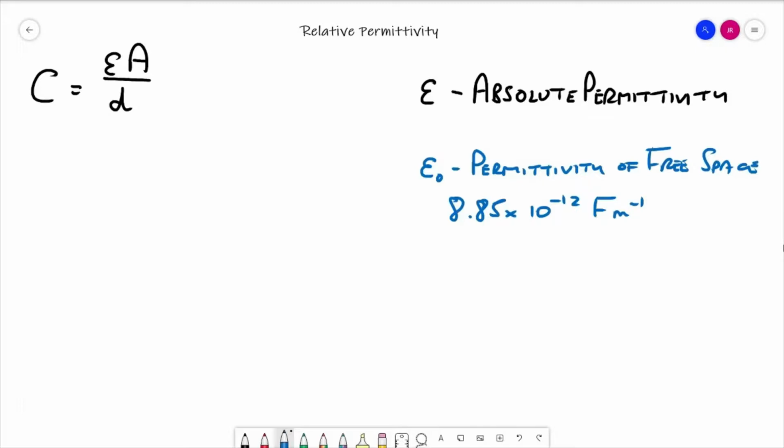Now, what that does though is it gives us an idea of the kind of values and orders of magnitude that we expect absolute permittivity to be. The vast majority of them end up somewhere in the region of 10 to the minus 10 to 10 to the minus 12 farads per metre.